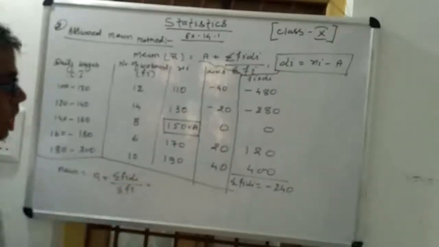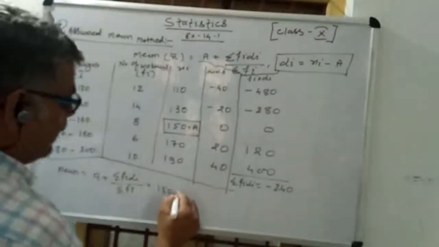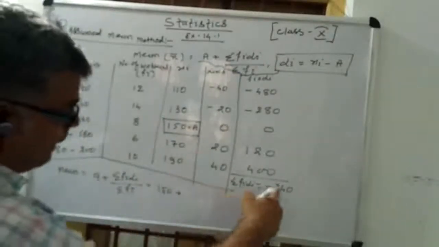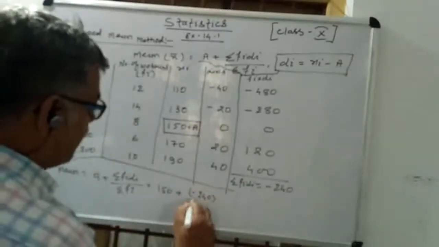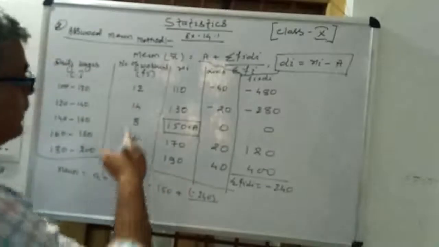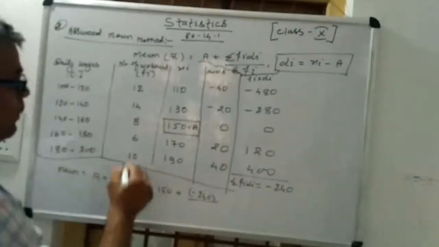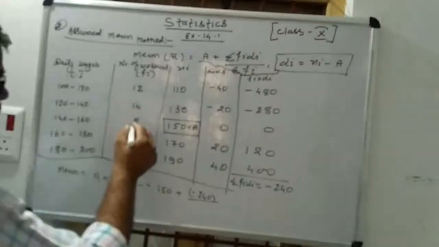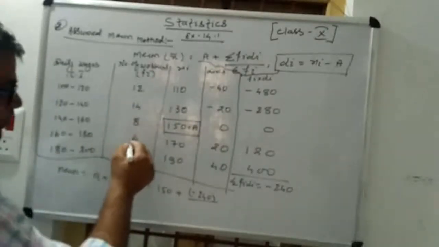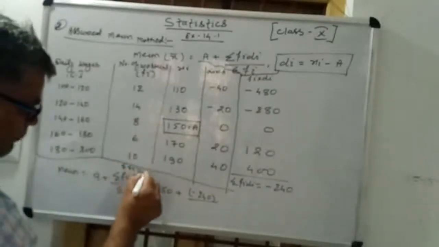Our value of a was 150, and sigma fi di was minus 240. First you calculate sigma fi also: 12 plus 14 is 26, 26 plus 8 is 34, 34 plus 6 is 40, 40 plus 10 is 50.